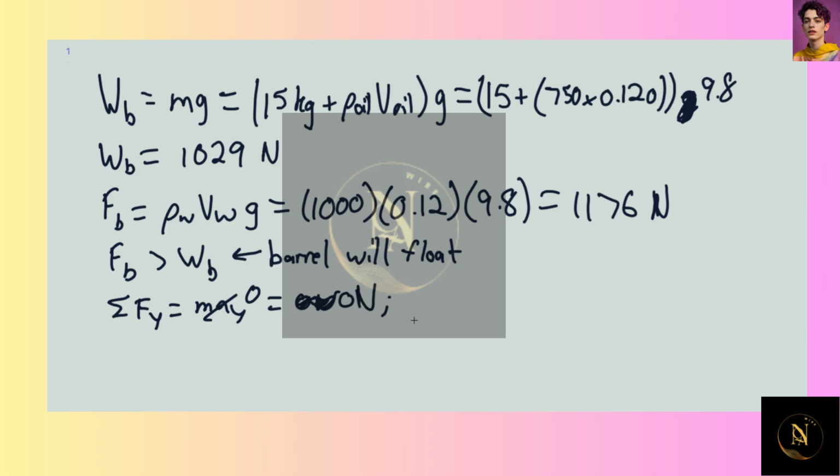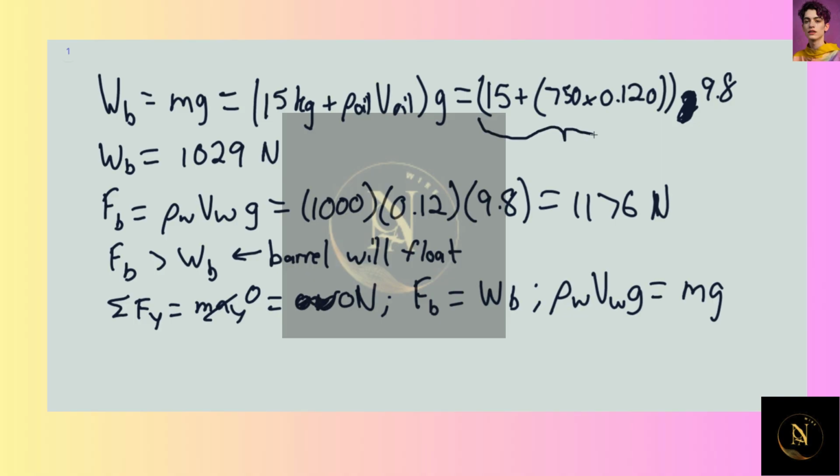This means that the buoyancy force must equal the weight of the barrel. The buoyancy force is the density of the water times the volume of the water displaced times gravity, which equals mg, the mass of the barrel times gravity once again. We found that the mass of the barrel is going to be 105 kilograms.